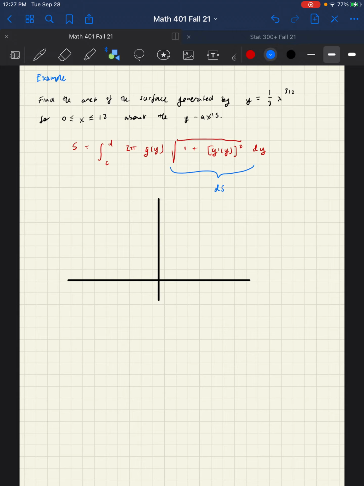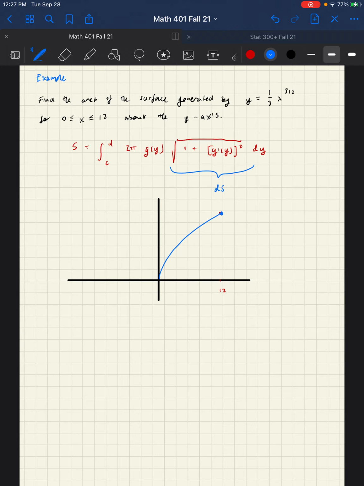For this specific example that we're looking at, it's going to look something like this. That 3/2 power means it kind of looks like this, roughly.